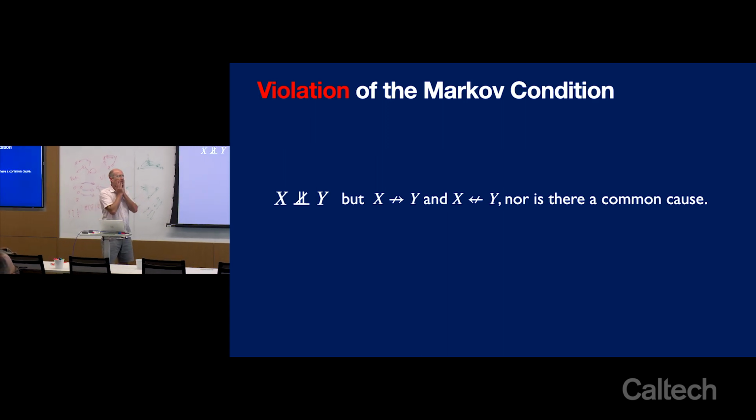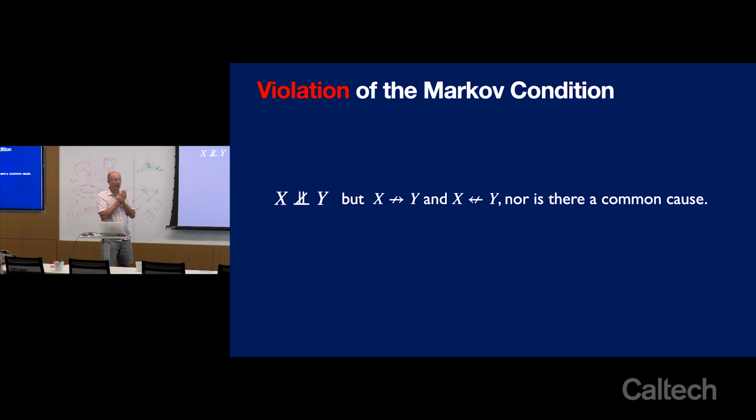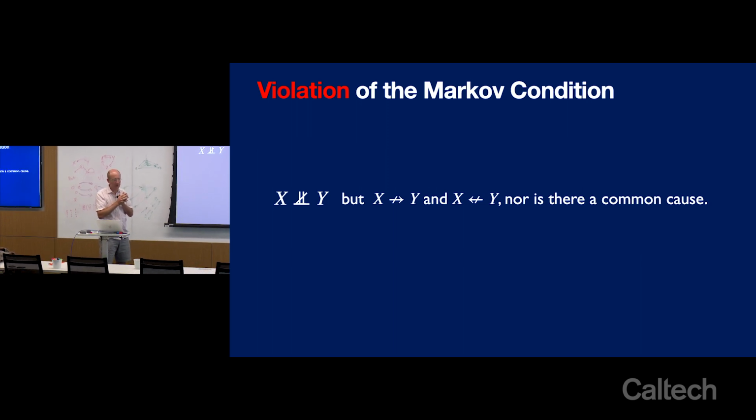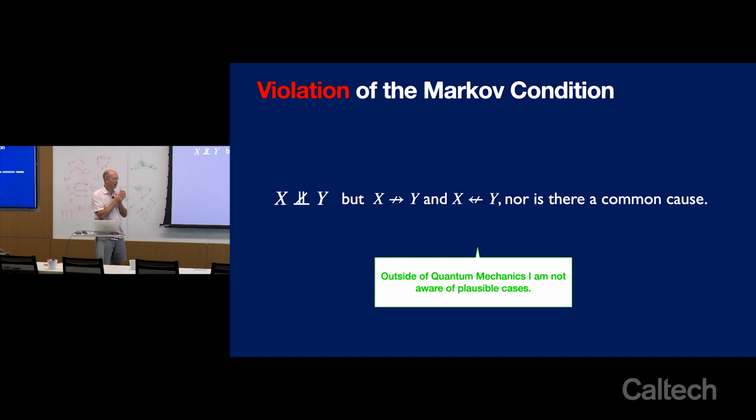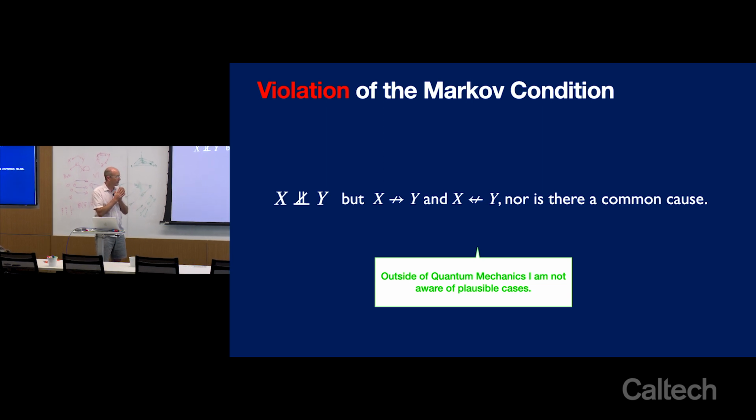Now, you can ask yourself under what circumstances you could imagine that you get dependencies between variables popping up out of nowhere, and whether those sorts of violations are genuine violations of the Markov condition. There's been quite a bit of work on this, and I think outside of quantum mechanics, if you're familiar with the Einstein-Podolsky-Rosen experiment, then you have these special cases which seem to indicate a violation of the Markov condition, at least if we analyze EPR classically.